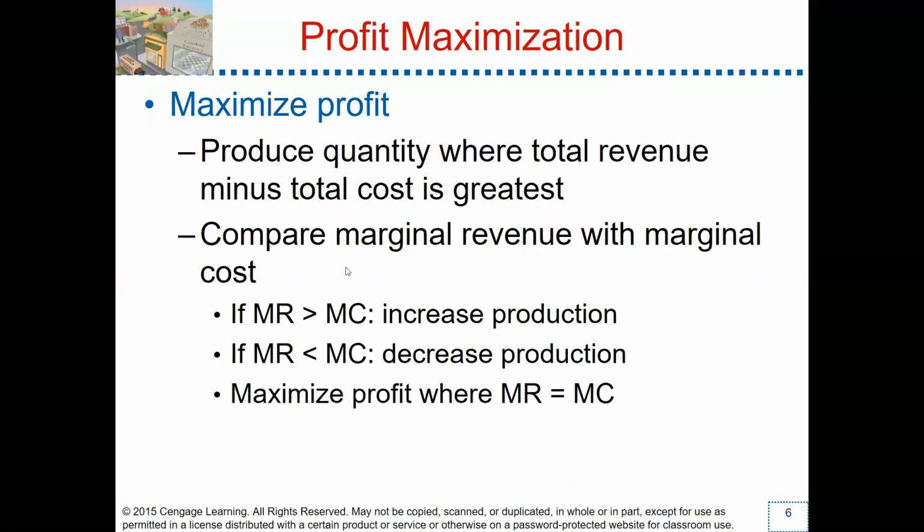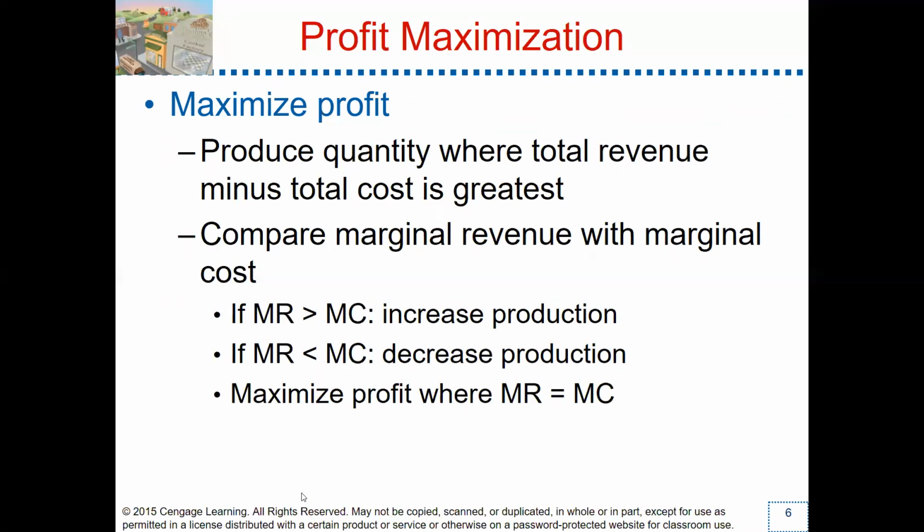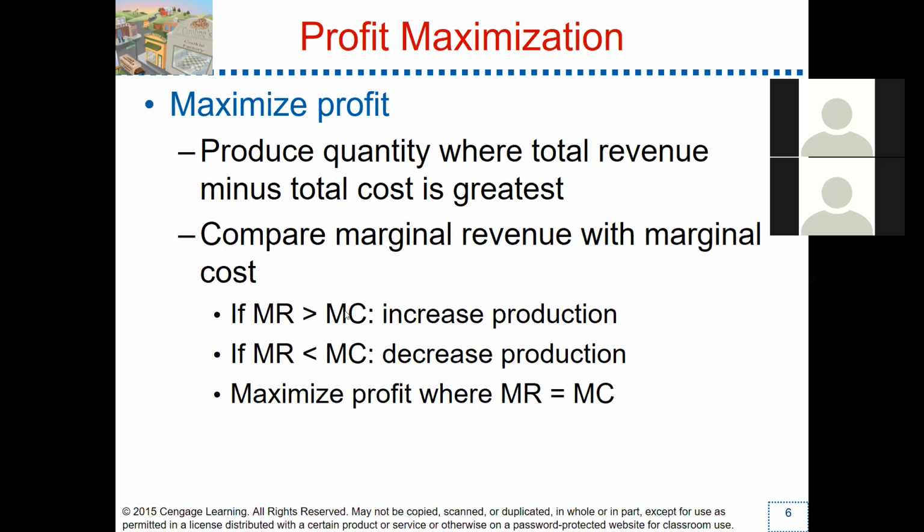So coming to profit maximization in more detail, the firm will produce the quantity where total revenue minus total cost is greatest. Comparing the marginal revenue with the marginal cost leads to the following decision. If marginal revenue is more than marginal cost, the firm decides to increase production to generate more profit.